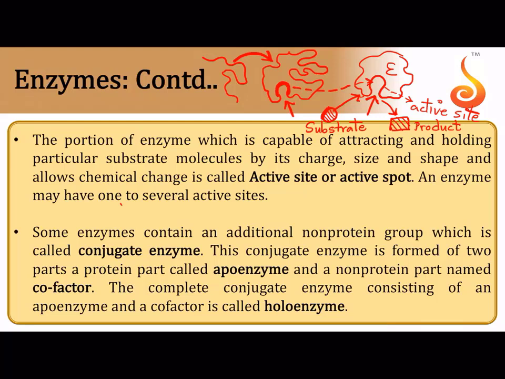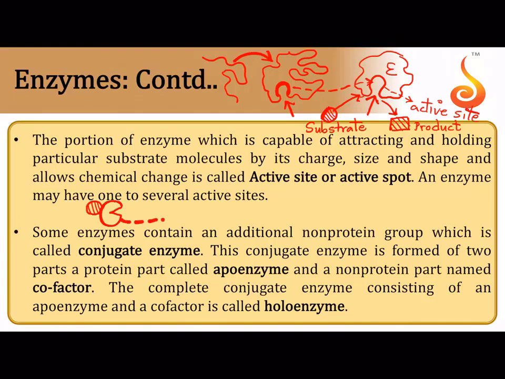Okay. Then sometimes, if this is an enzyme, let me just represent this enzyme as a very simple structure like this. Sometimes an enzyme requires an additional compound which is attached to it in order to do its function normally. We call this a conjugate enzyme.